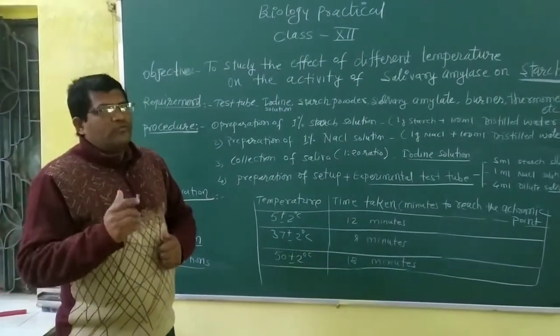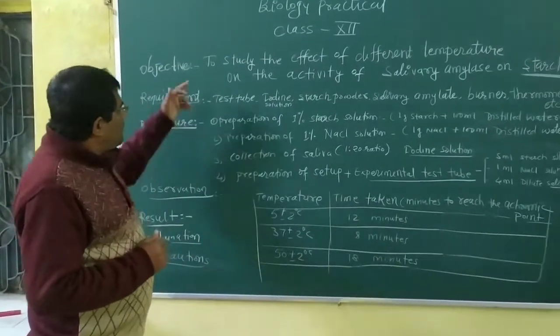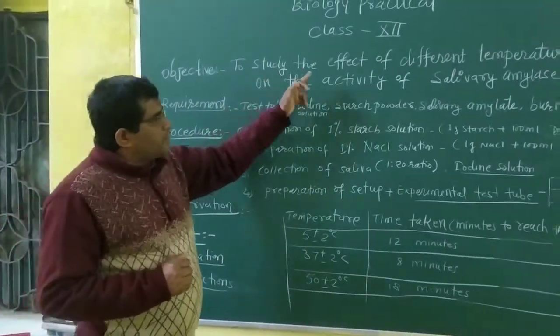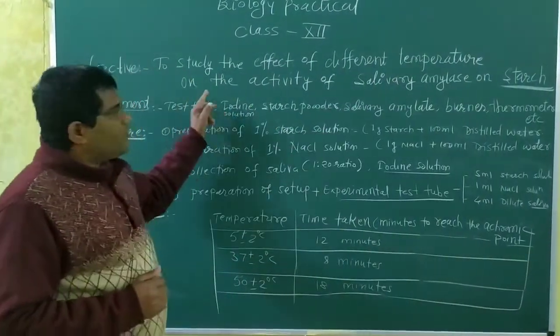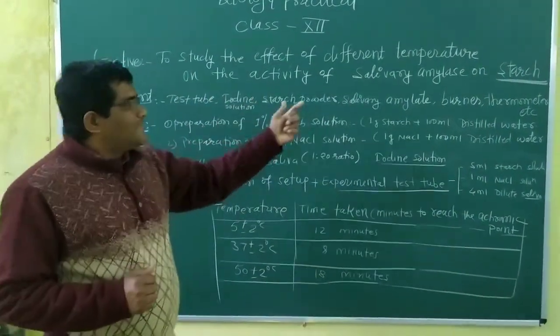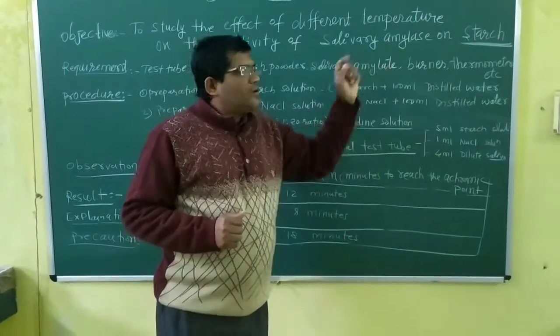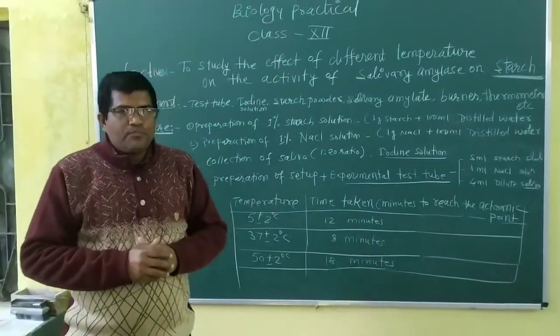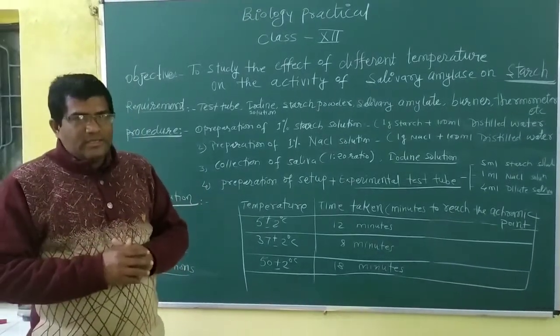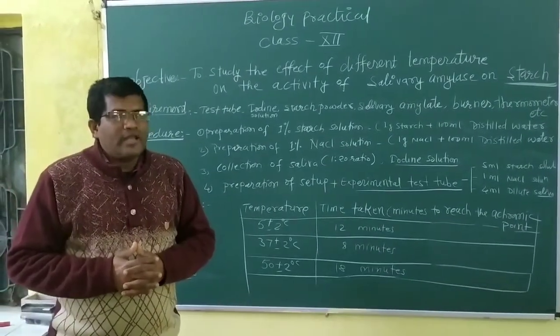So we have to discuss today to study the effect of different temperature on the activity of salivary amylase on starch. So we will see how the salivary amylase is acting on the starch.